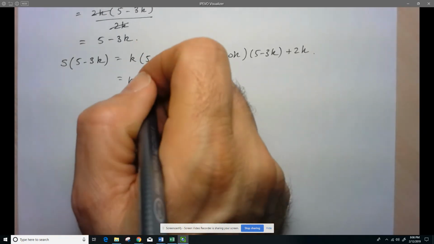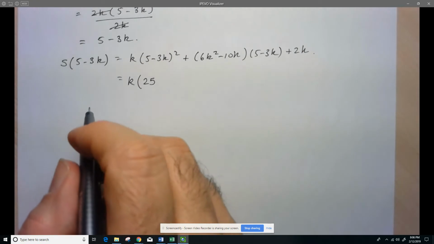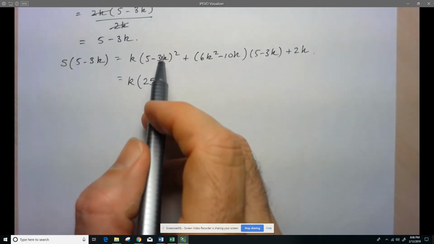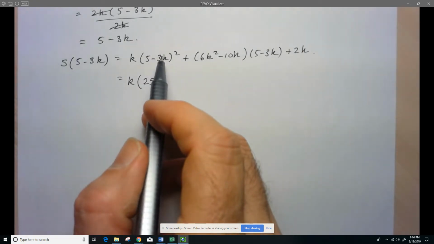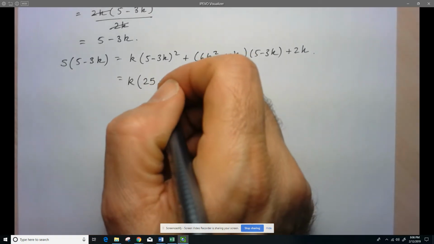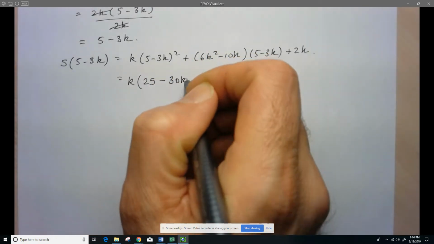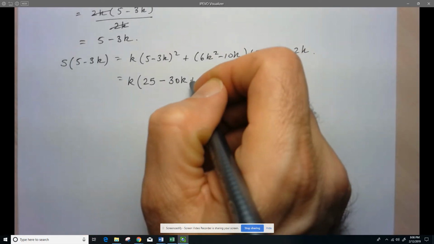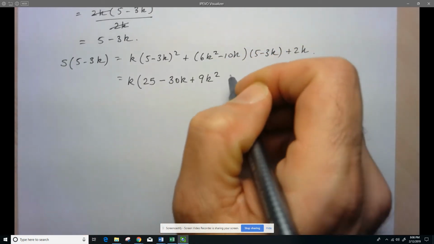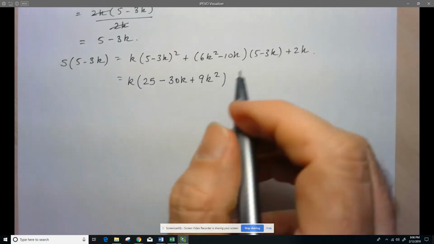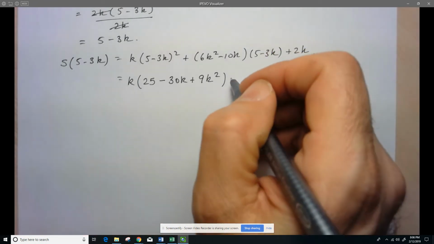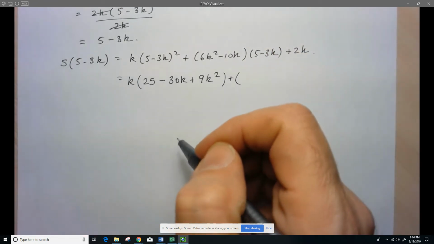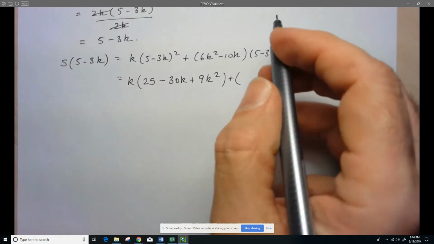So we have 5 times 5 is 25. All right, then we get 5 times negative 3k, which is negative 15. And we have that twice, so minus 30k. And then negative 3k times negative 3k is going to be plus 9k squared. All right. Now we have this product of binomials. So let's take that carefully here. So we have 6k squared times 5.